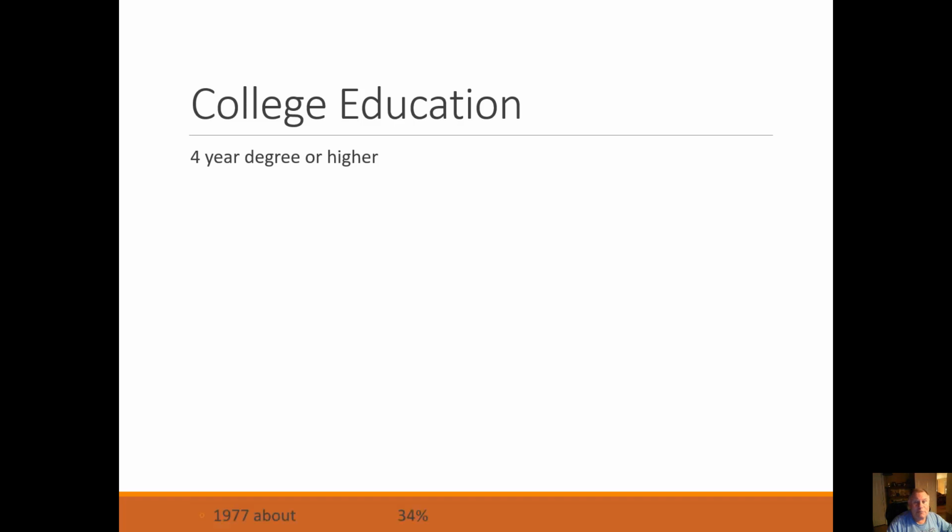a 4-year degree or higher. When I graduated from college in 1977, that's a few years ago, 34% of the American people had a 4-year degree or higher. Think about that. What do you think it is today? Nope, it's 38%. Not much of an increase. By state, it varies from 28 to 50%. In New York State, where we live, people are much more educated, closer to 50%.